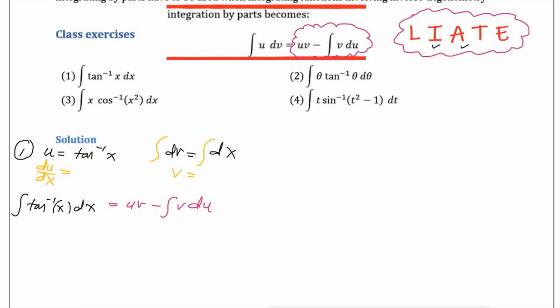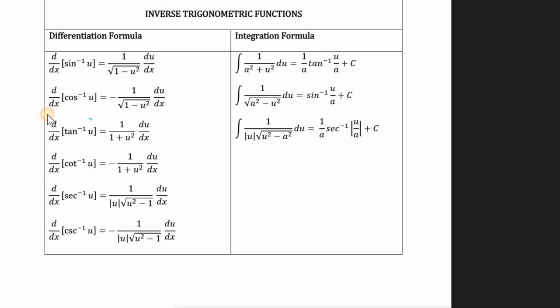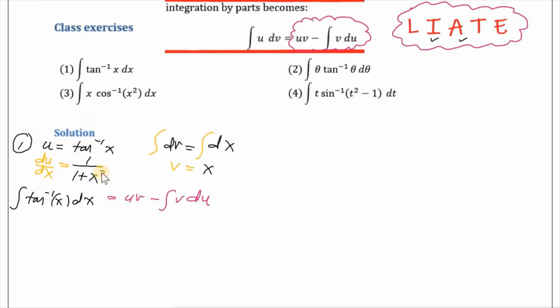Let's find it. The derivative of inverse tangent u is 1 over 1 plus u squared times du dx, meaning we need to differentiate the u further. So I put that, and integrating dv, we get v as x.